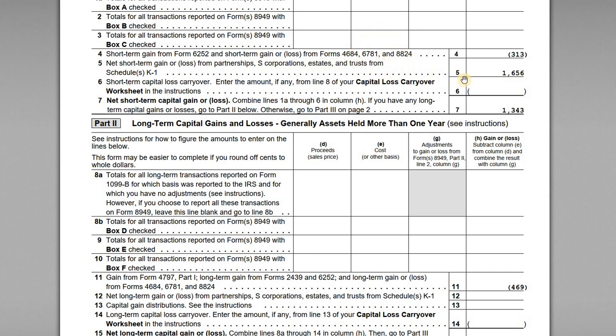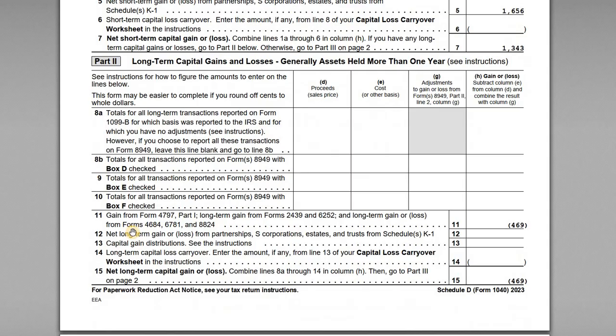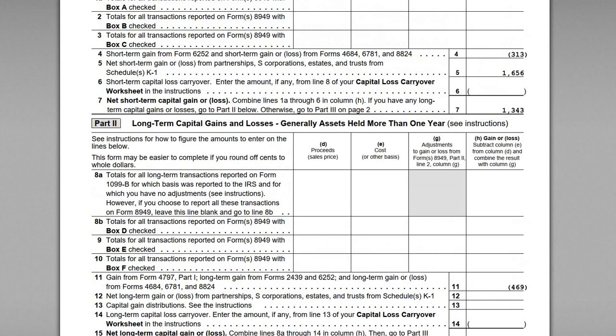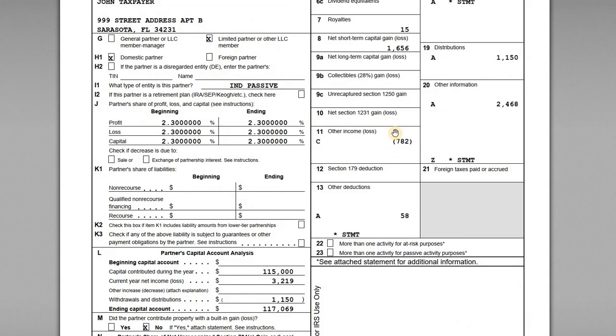So 6781, we've got $313 in losses. And then we have on line 11, the long-term component. So gains or losses, long-term gain or losses from either of these forms. So we've got a 6781 long-term capital loss of $469. Okay, so we've got the line 11 item in there.